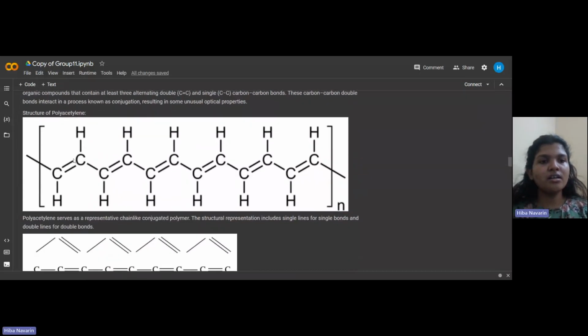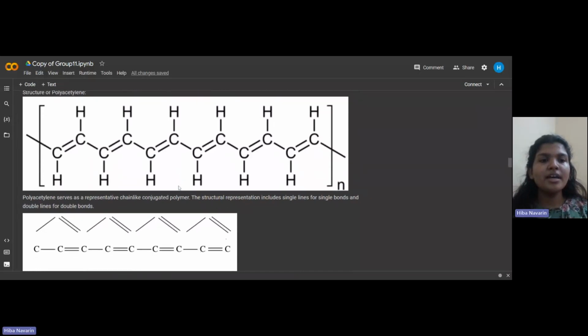So here is a structure of polyacetylene. As you can see, there is alternating single and double bond. This can extend as long chains, hence the abbreviation n here. Polyacetylene is a chain like conjugated polymer.